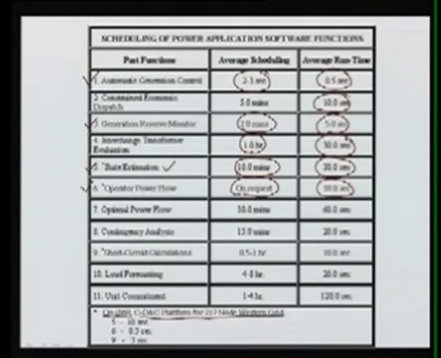Here again in the operator's power flow, there are two types of power flow: one is offline, another is online. Online power flow is normally performed in the contingency analysis process. However, offline you can do this study whenever required. So it is 10 seconds if it is a big system. The optimal power flow is also known as economic load dispatch, and it requires 60 seconds. It depends on the system; if your system is very large, its time may increase.